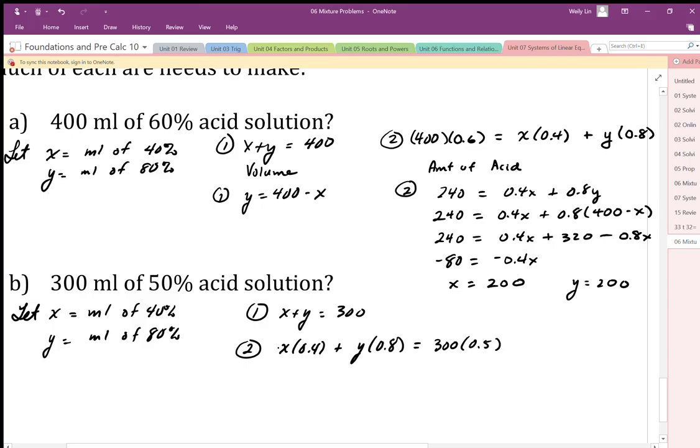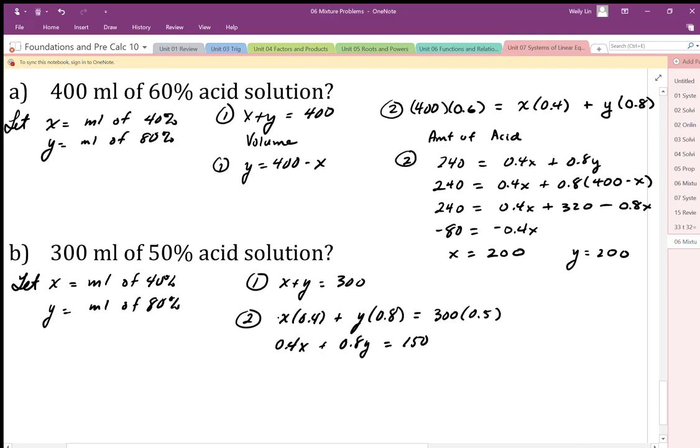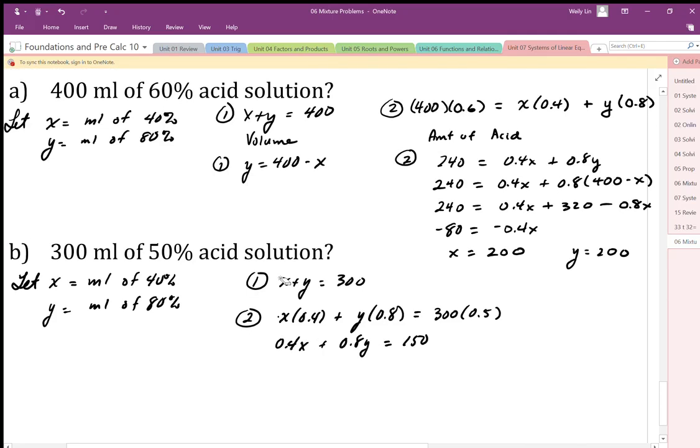So it's the total acid from X plus the total acid from Y, which gives us a total acid of 150 milliliters. So I'm going to rewrite that equation: 0.4X plus 0.8Y is equal to 150 milliliters of acid. So this is the total acid, and this is the total volume.